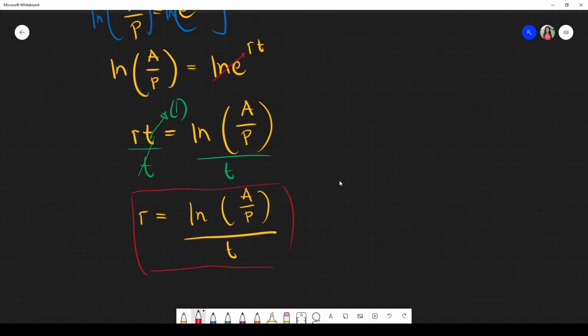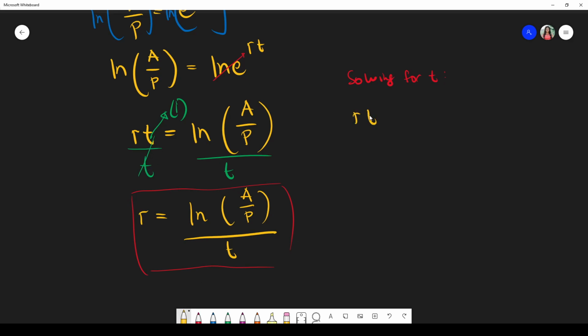Okay, to solve for t, again, solving for t is very easy if you have already solved for r. You just have to divide this side of the equation by r to isolate t.